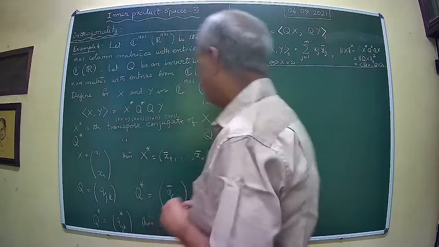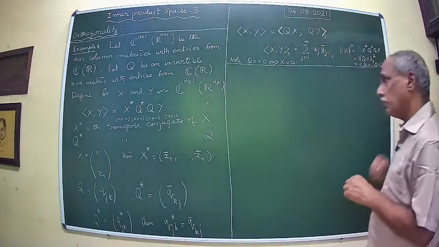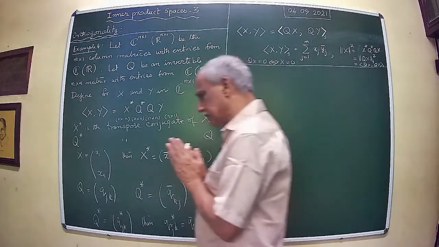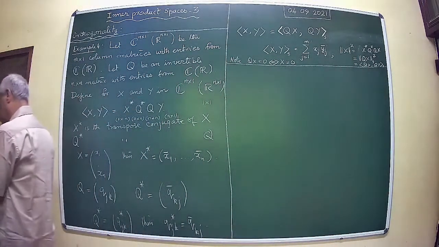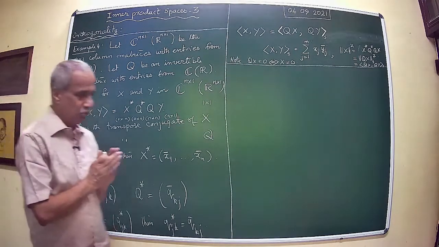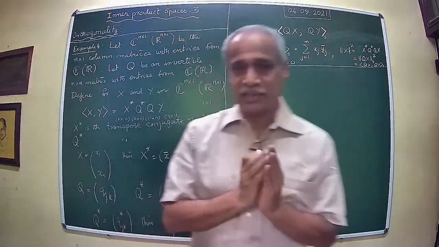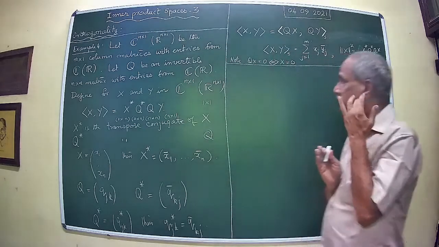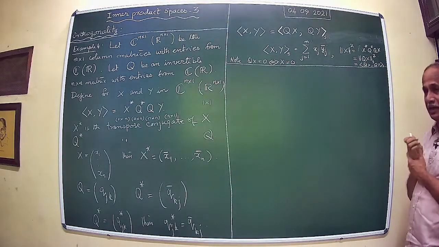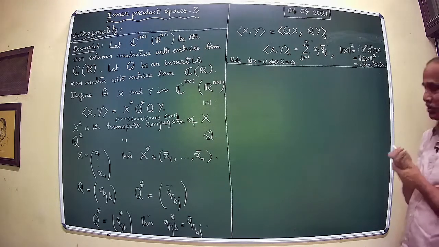Now we give a more general version of it. So what is the implication? The implication is that if you have an invertible matrix Q, then using that one can always define an inner product on C n cross 1.